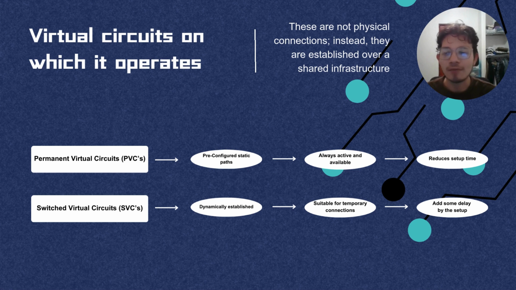And also we have the switched virtual circuits, SVCs, that are dynamically established when data needs to be sent and are turned down once the transmission is complete. It is more suitable for temporary connections and has some delay from the setup.